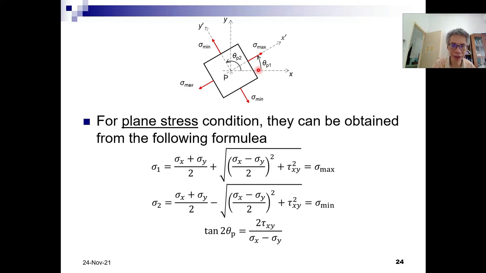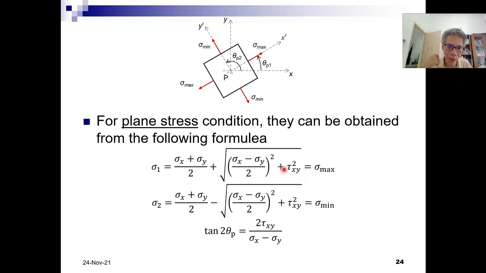Okay. How do we obtain the maximum and minimum stresses? In 2D, we can do it using stress diagrams called Mohr's circles, and then look for the maximum stress there, okay? Or we may use the following formulae. So this is sigma 1, given by the average of the normal stresses plus the square root of the half difference of the normal stresses squared plus the shearing stress squared.